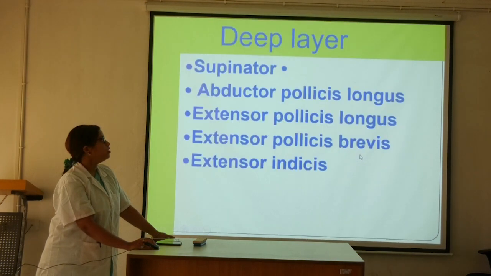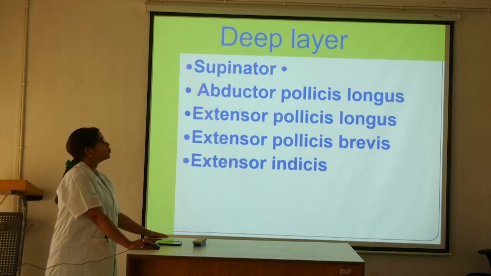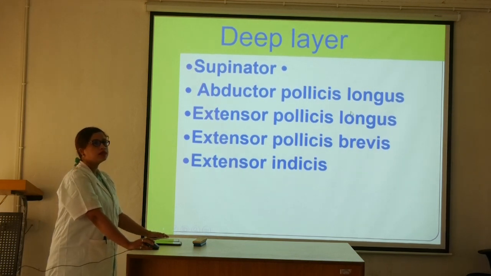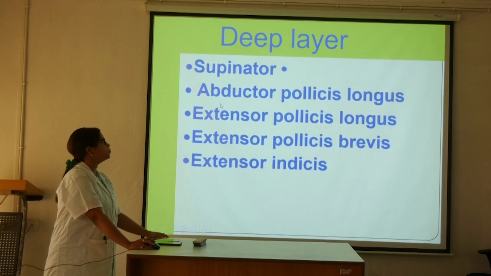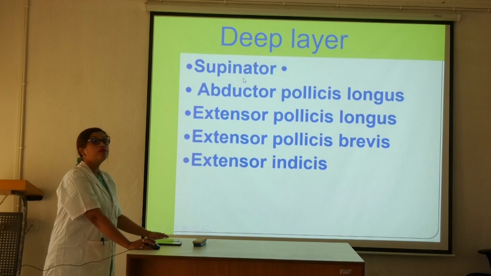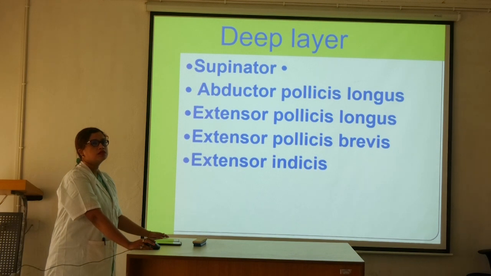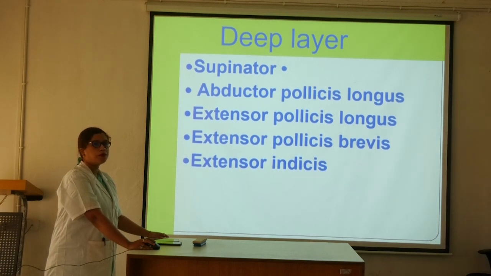Okay, so now in the deep layer, which are the muscles? Number 1 is supinator, in the deep groove. You have seen supinator, it is making the boundary of which fossa? Cubital fossa. The floor of the cubital fossa.